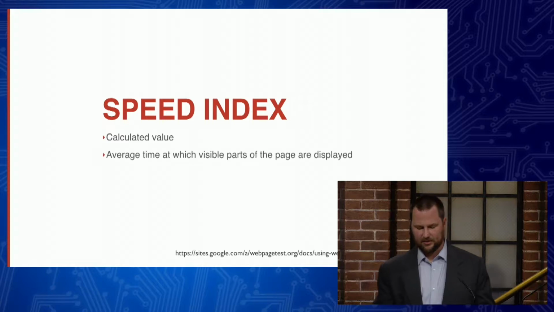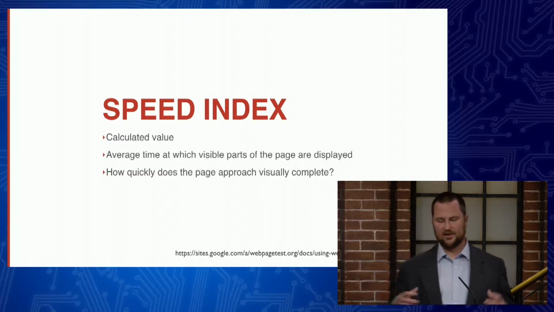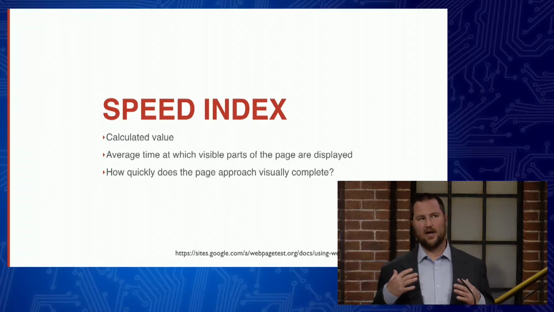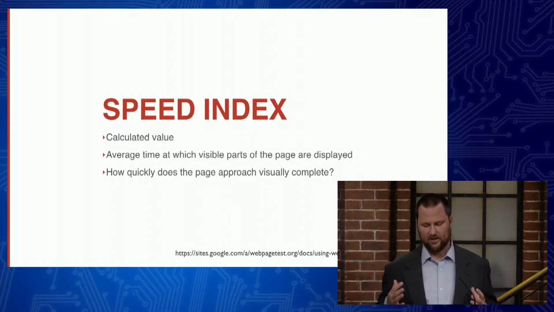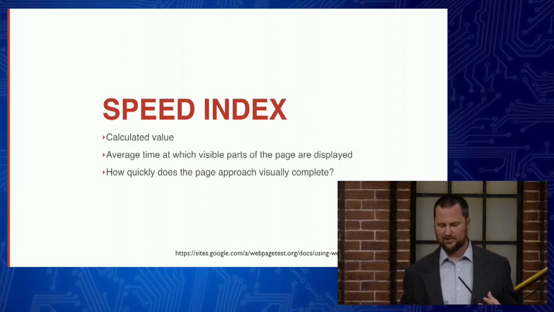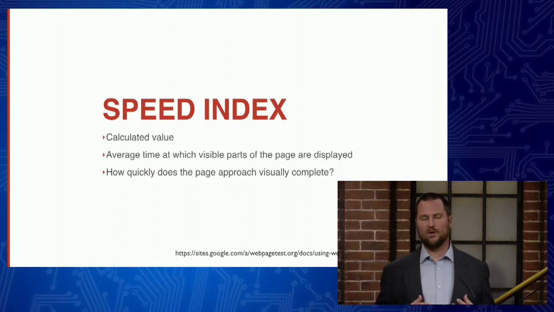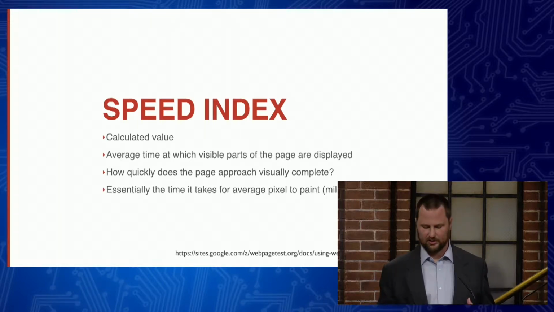Something that takes into account everything is speed index. Speed index takes into account how quickly the page is rendered, which takes into account the time to first byte and everything else. But something else that's kind of new is how quickly the web page approaches visually complete.